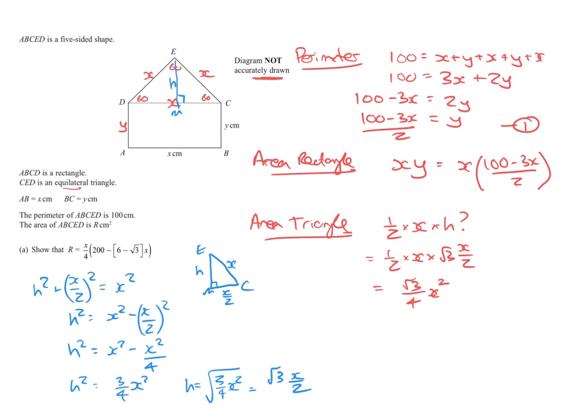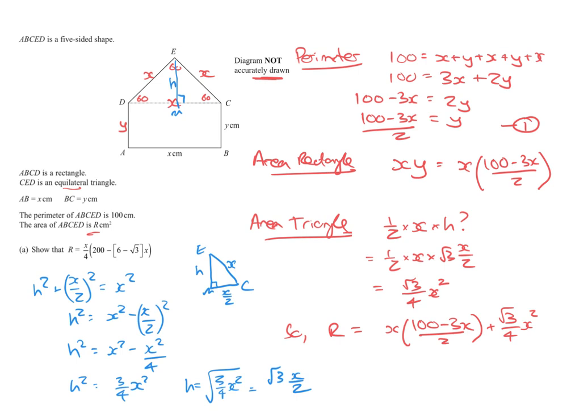So the total area of my shape, which is called R, so R must equal the two areas put together. So it's going to be the area of my triangle plus the area of my rectangle. So let's do the rectangle first. x times (100 minus 3x) all over 2 plus root 3 over 4 multiplied by x squared.